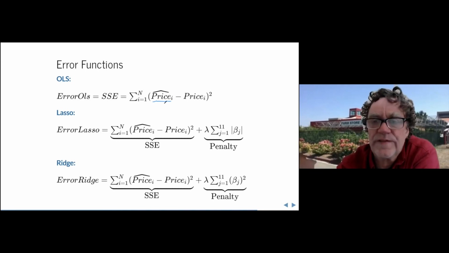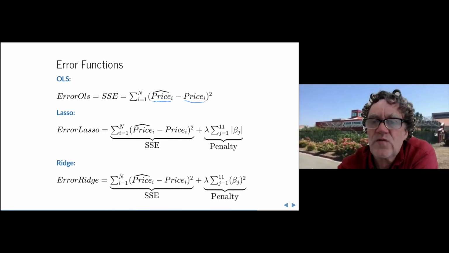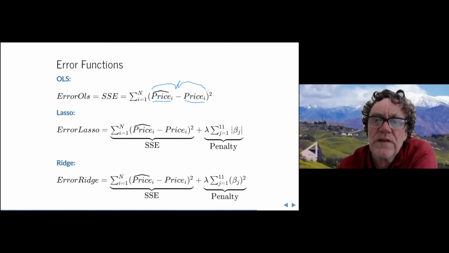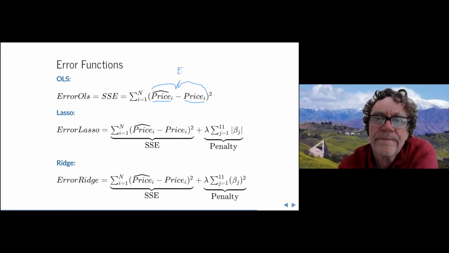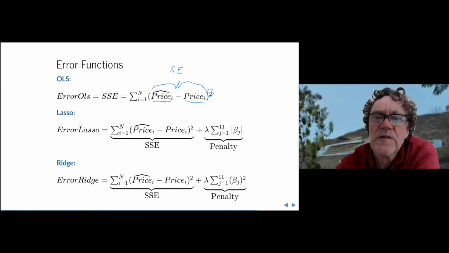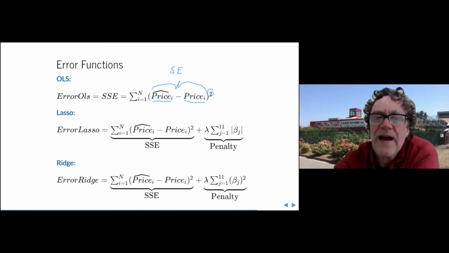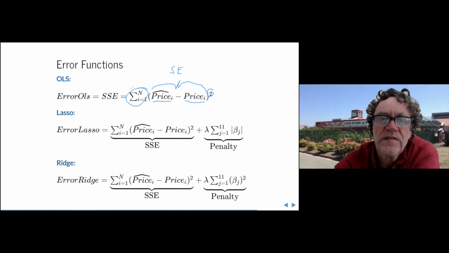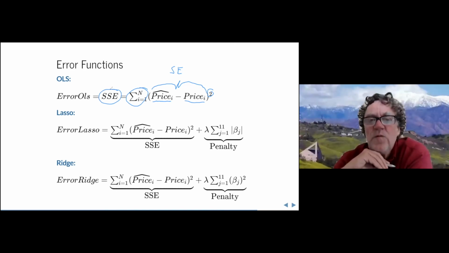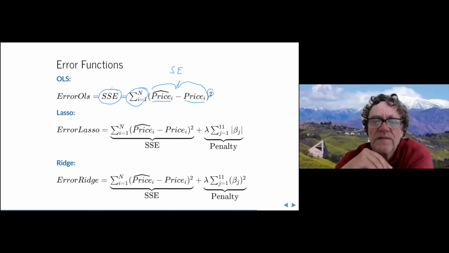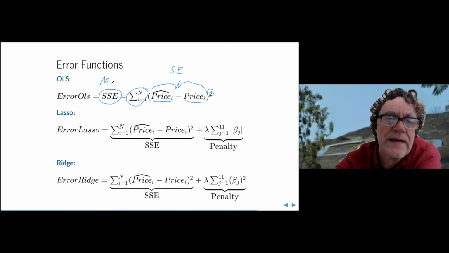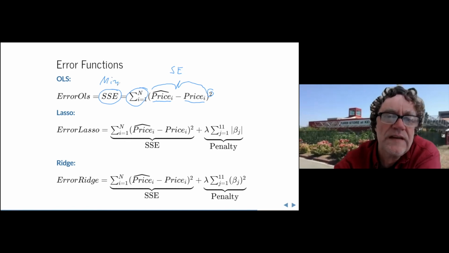I subtract the true price. So this is our error. This is nothing new. We did that before. And we square the error, so now it's our squared error. We add up all the errors, so we get the sum of squared errors. And what we tell our machine learning algorithm is: choose the parameters beta to make that as minimal as possible.